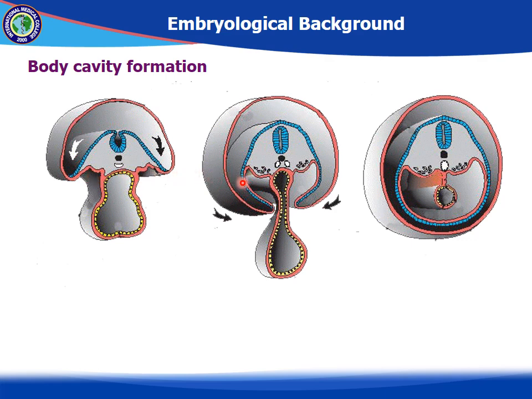So in the second part you can see the cavity is trapped, and part of the yolk sac is trapped within the body, and this is still connected with the yolk sac by a stalk, and you see the process is continued. So this one is the germ disc, looking like this one, a bit of a human-like figure appears.